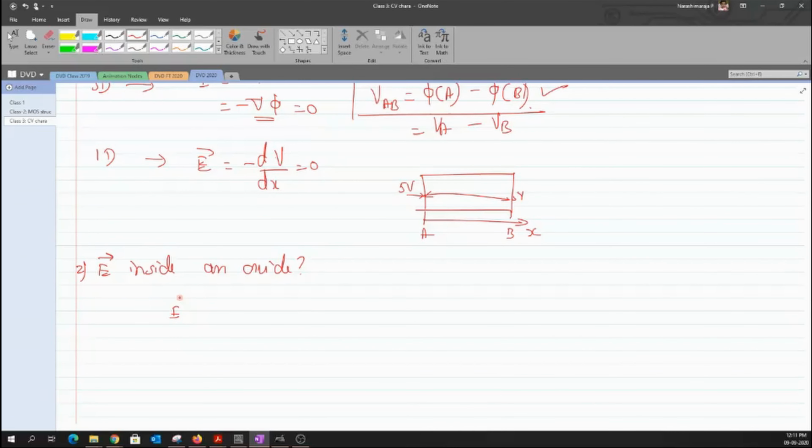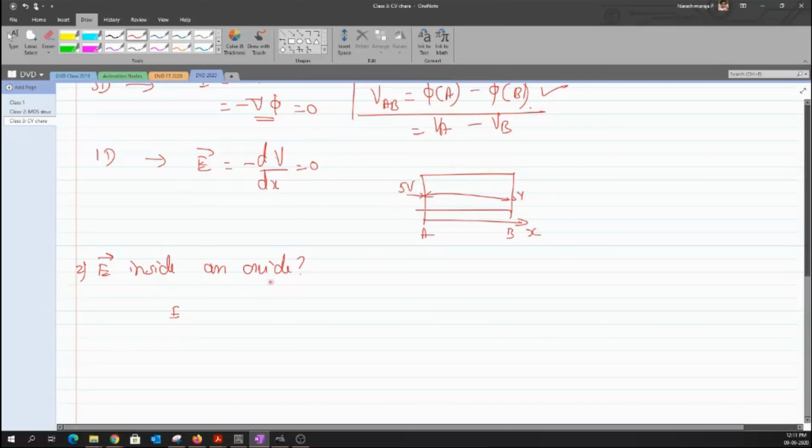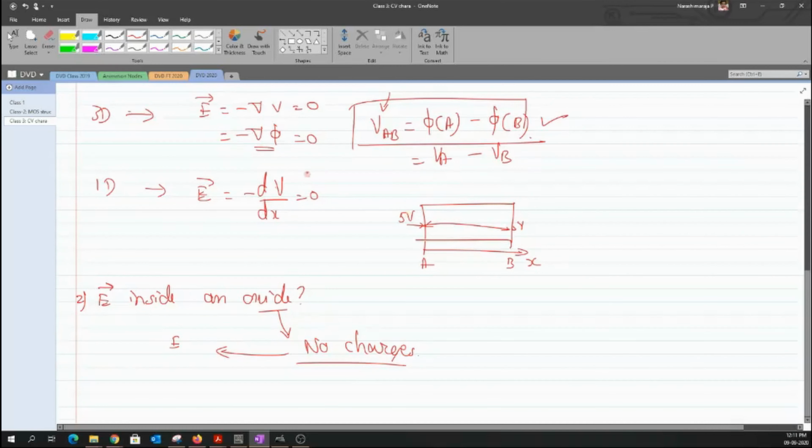The reason becomes pretty simple. Inside an oxide, we don't have any charges. So when I say that no charge exists inside the oxide, obviously we cannot come to the conclusion that the electric field is equal to 0 as we did for our metal.